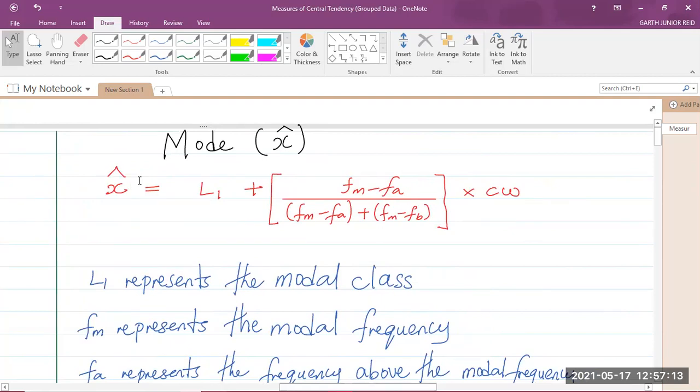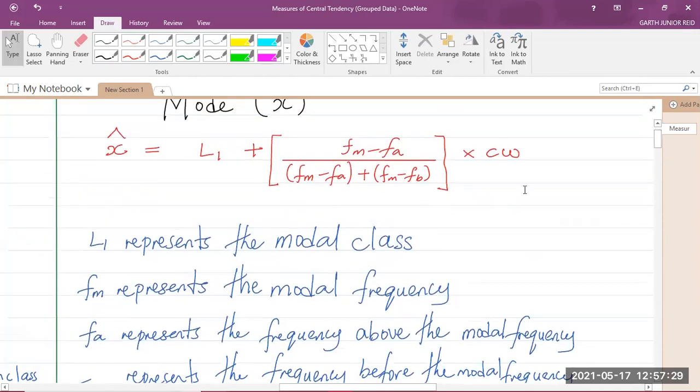So the mode, we normally use this symbol x hat, is equal to L1 plus Fm minus Fa divided by Fm minus Fa plus Fm minus Fb, times the class width, sorry.